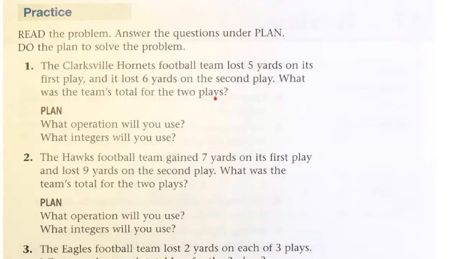Okay, we read the whole thing. What operation will we use? 5 yards, 6 yards. We could use addition. What integers will we use? Well, it lost 5 yards and it lost 6 yards.